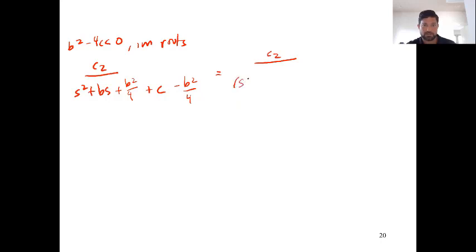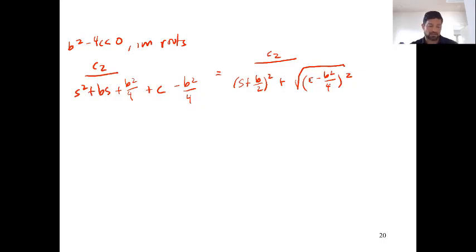This is going to give us s plus b over 2 squared plus the square root of c minus b squared over 4, squared. These terms in here are just a constant. So I have s plus a constant squared plus a constant squared.